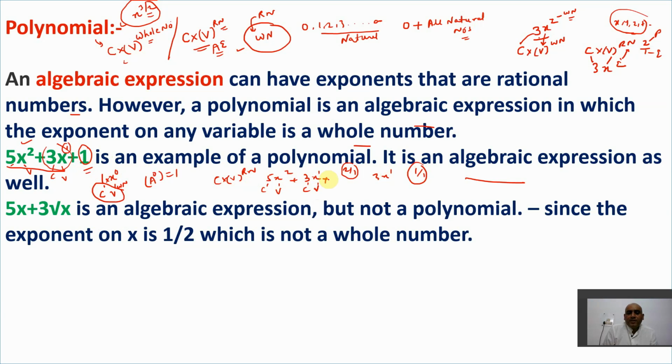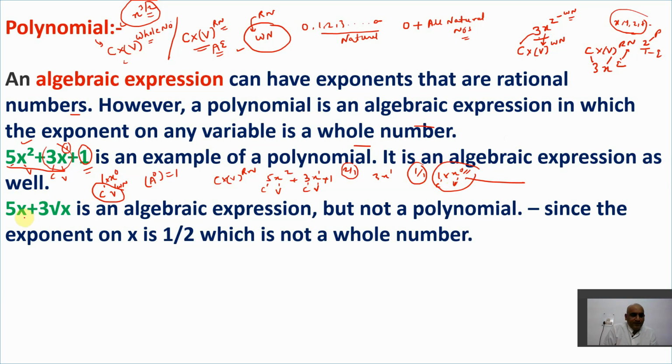If I take 1 here, yes, this is also a rational number. How? We can write 1 as 1 into x to the power 0. So this is a constant, this is a variable, and this is a rational number. So in this way, this expression is also an algebraic expression. I hope you get this point. Now look at the next equation, 5x.